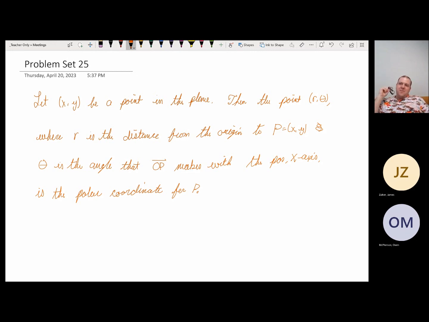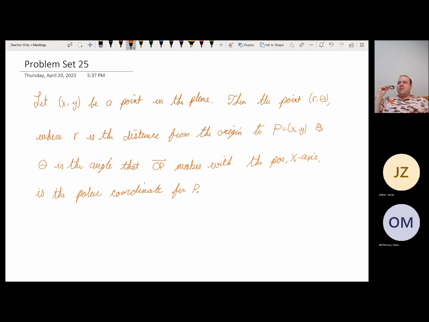It's just, could there be different representations in polar for that point? Sorry, dude. You're getting shanked.